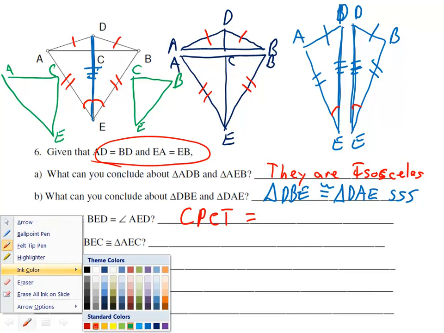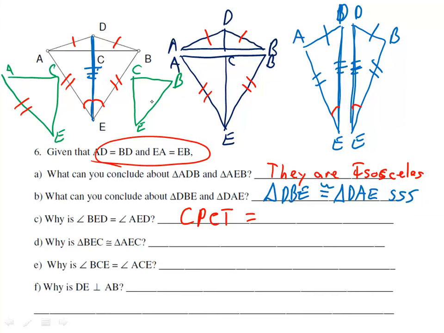You can see AE, EB. I'm just reproducing the marks that I've got on the original. Okay, so you can see what you've got here. You've got congruent triangles by SAS. Side, angle, that's the included angle, side, side, angle, side. So they are congruent by SAS.